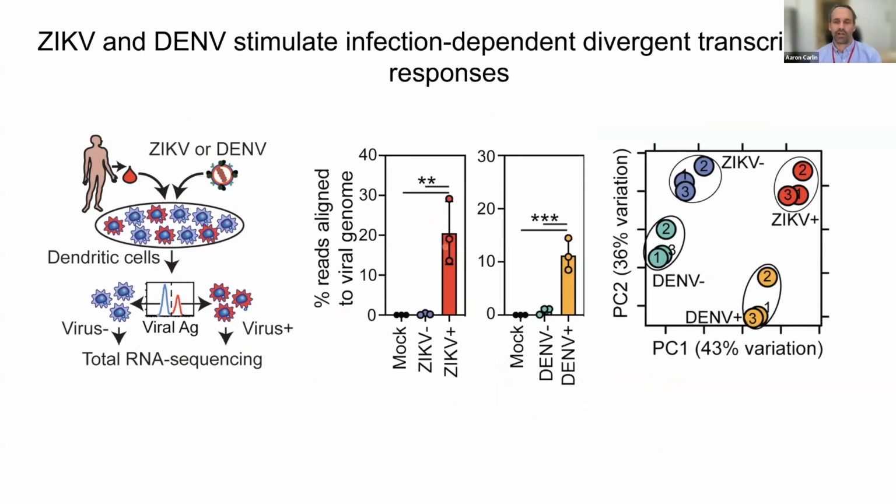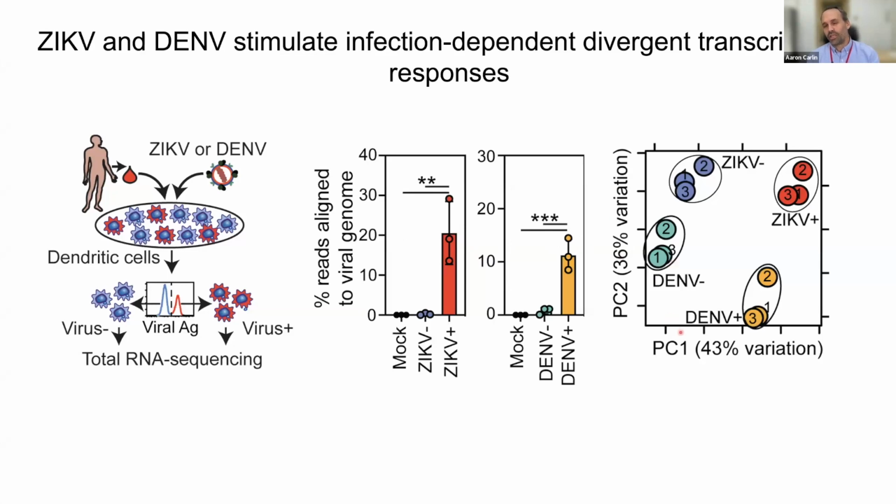We get a lot of RNA from the virus in the infected populations, but very little to no viral RNA in the uninfected populations. And you can see how good these viruses are at replicating. By 24 hours post-infection, almost 20% of all the RNA reads coming from inside of an infected cell are from the virus. So the virus is incredibly efficient at replicating.